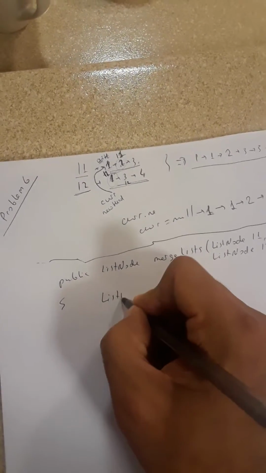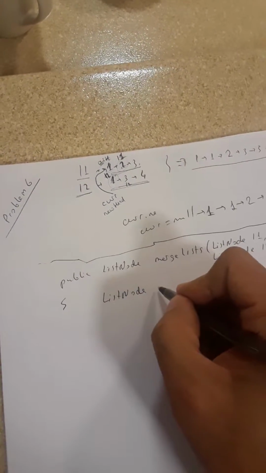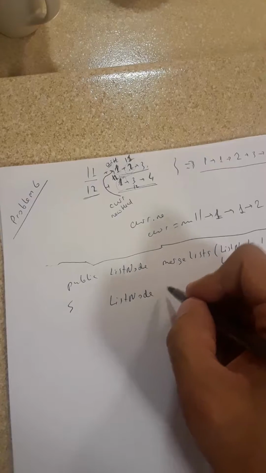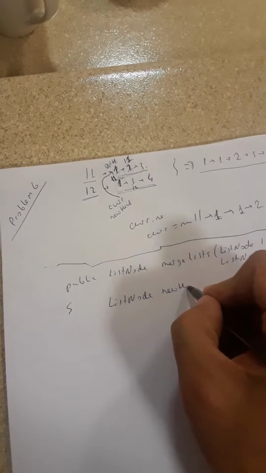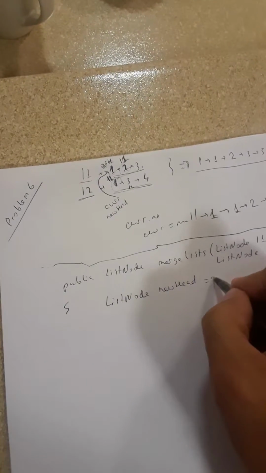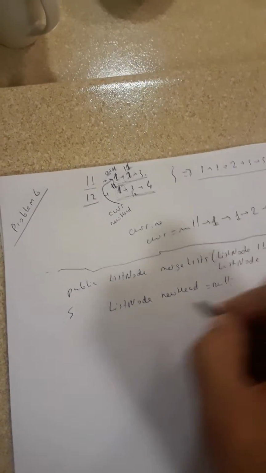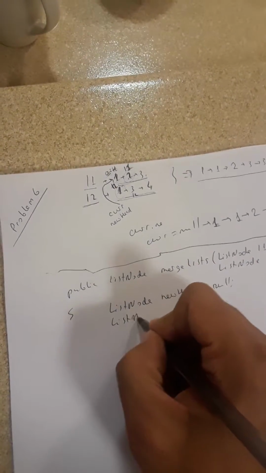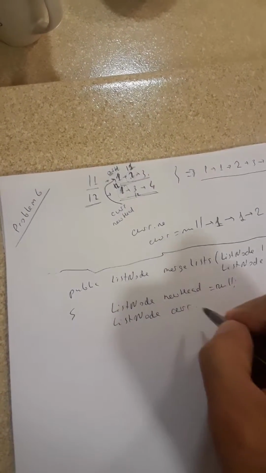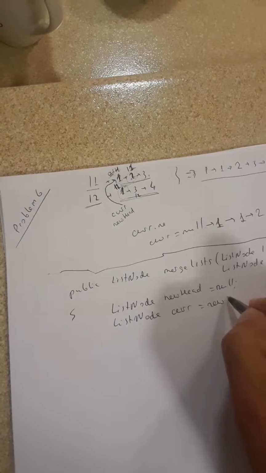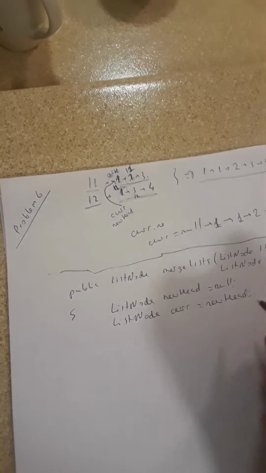As I said, we declare two nodes at the beginning: newHead with the initial value null, and current, which will be equal to our newHead.